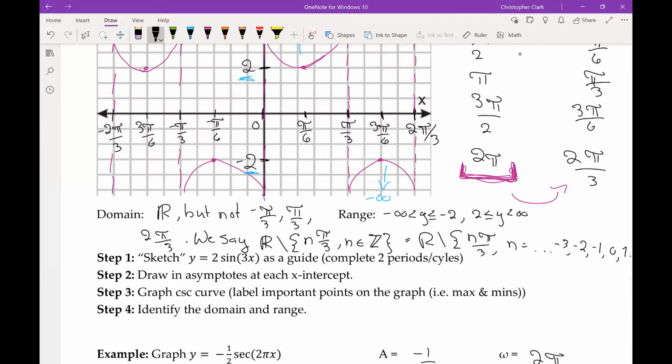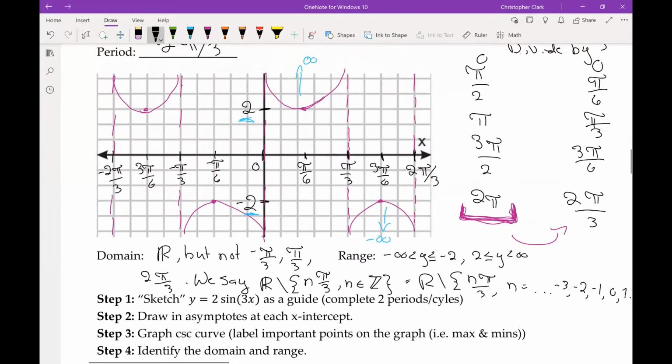So that gives us our domain. The range, again, is positive infinity is the highest, and then it mins out on the positive side at 2. So y can only exist from 2 to infinity, or on the negative side, it maxes out at negative 2 and then mins out at negative infinity.